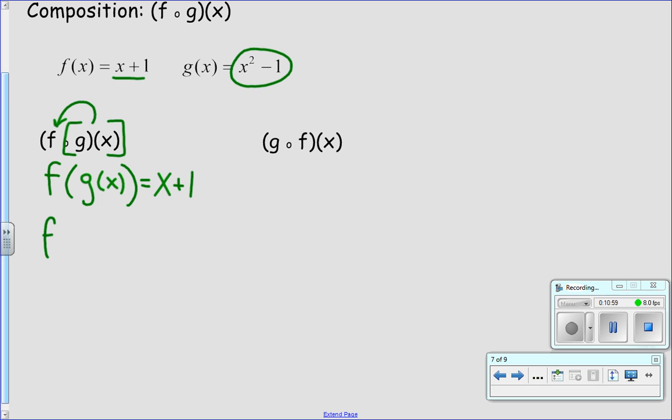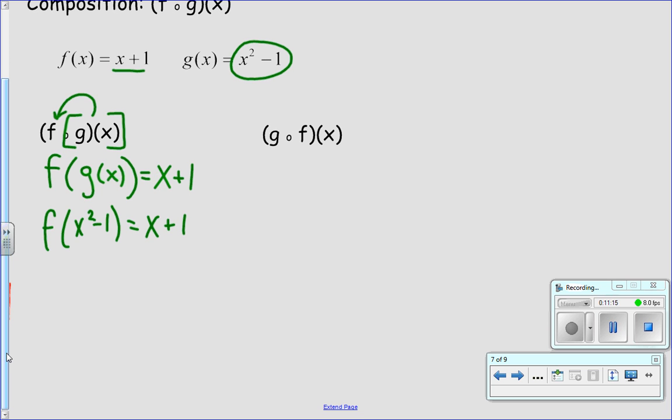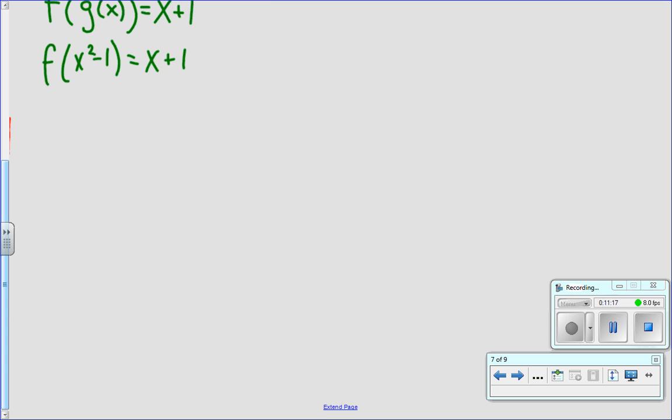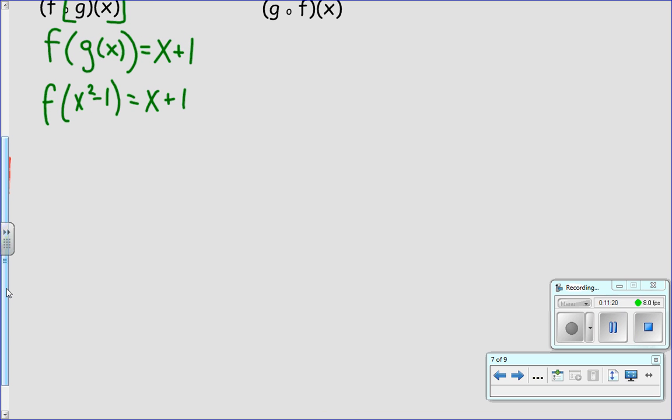Yeah, so I'm going to put x squared minus 1 into my function x plus 1. You put x squared minus 1 plus 1. Yes, this whole thing has to go in for the x. So it's x squared minus 1, then I have my plus 1.